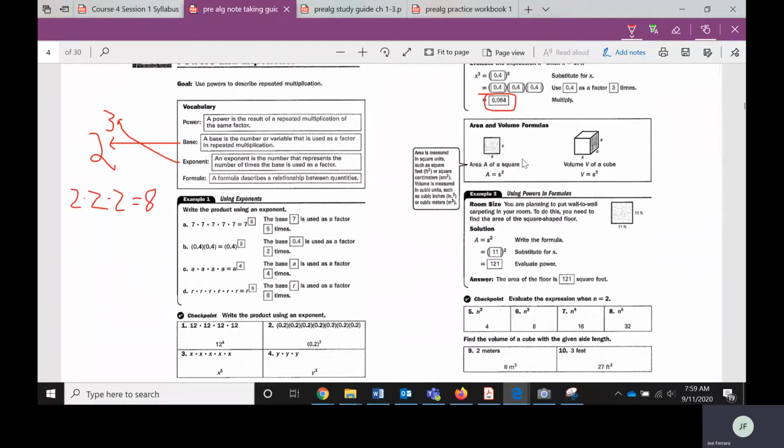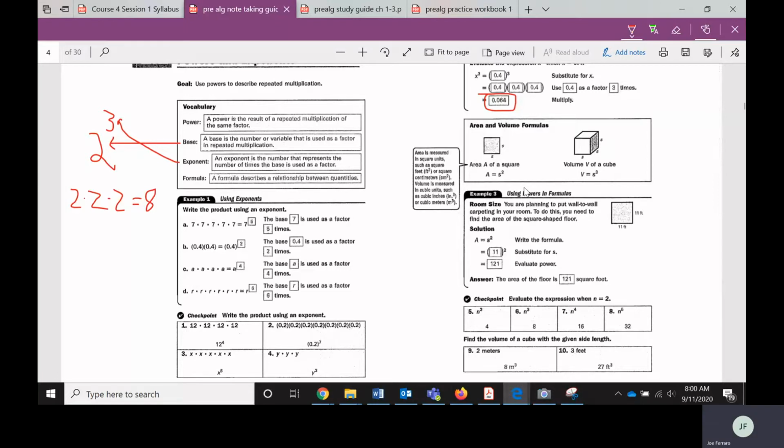Well, with a square, they can do a shortcut. It's really not much different. It's L times W, or length times width, but here the sides are the same, so they can just say S squared. Volume, usually for a rectangular prism like this, would be length times width times height. Well, with a cube, they're all the same, so they say it's S to the third.